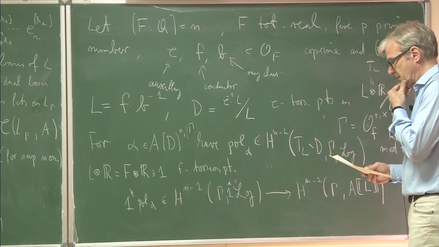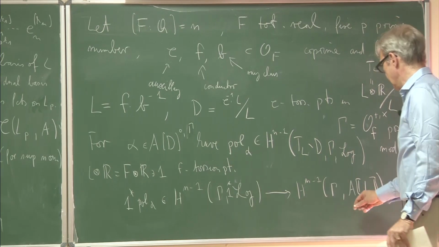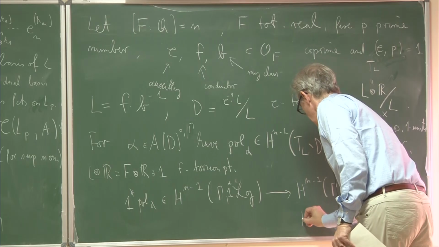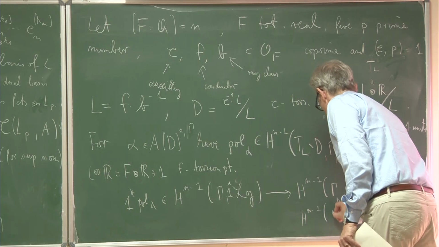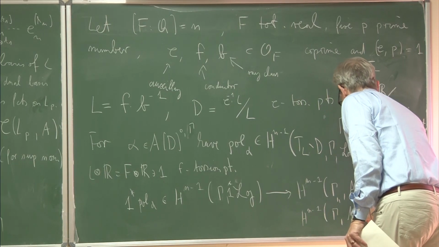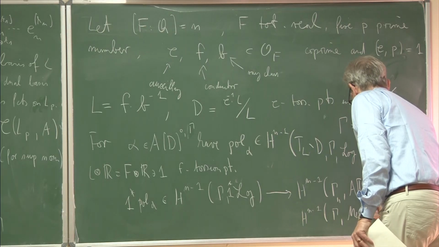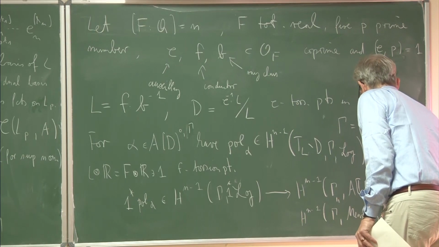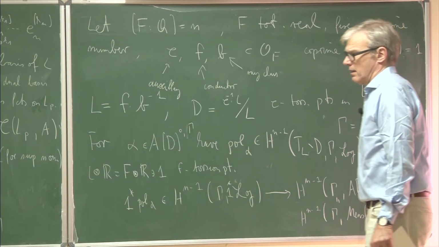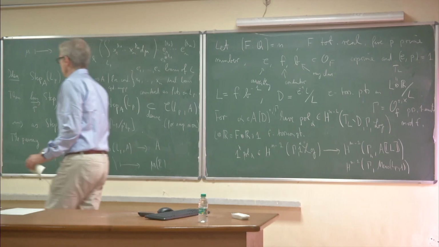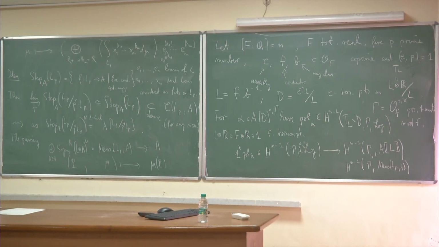And that's just the measure space. So what we get is something in H1 n-1 of the measures on LP with values in A. And now we do exactly what we did yesterday.